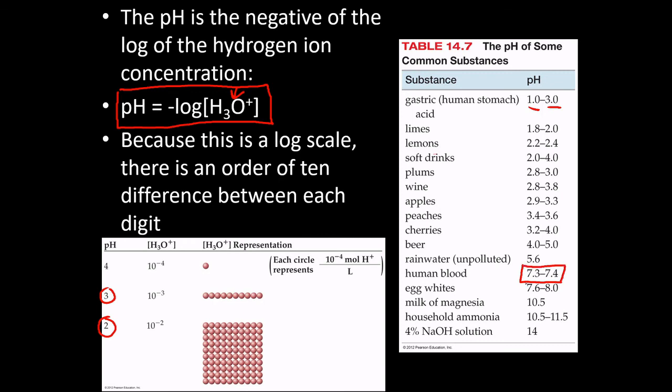If you start to move outside of that 7.3 to 7.4 range, you're not going to die instantly, but you're going to be very sick quickly. If your blood moves toward a neutral pH or a more basic pH, there are buffering systems in your blood that keep you where you need to be.